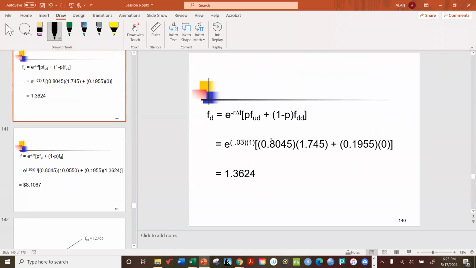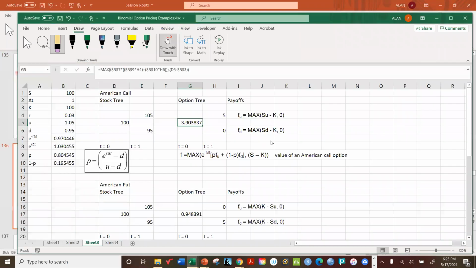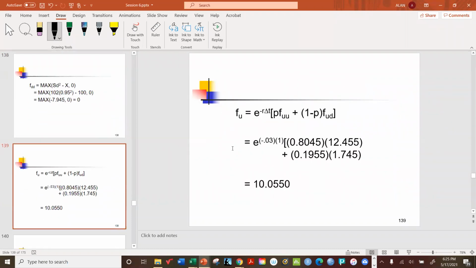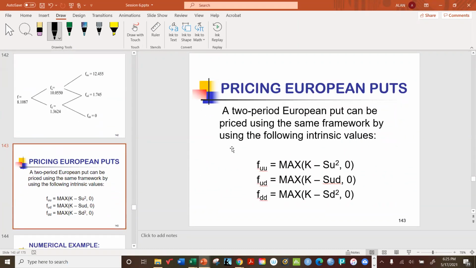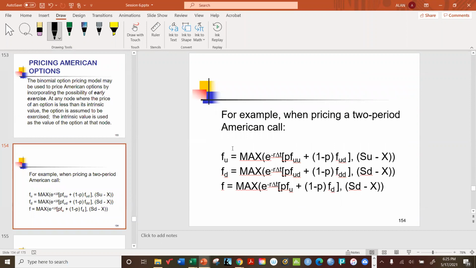Oh, sorry, this is the 2-period model. I need to find a slide here where I can put in the new information. Okay, this will do.